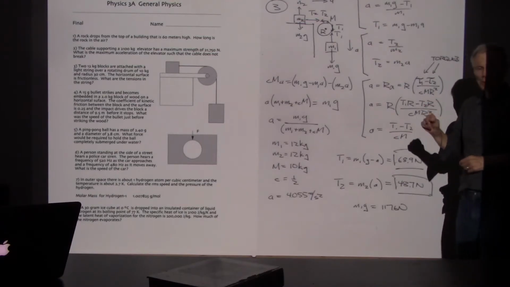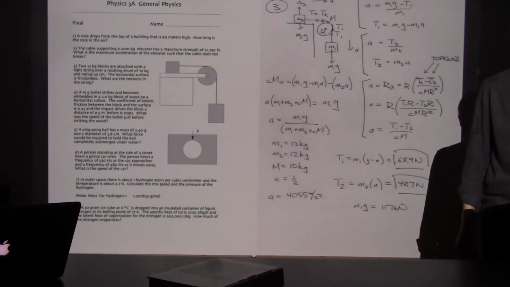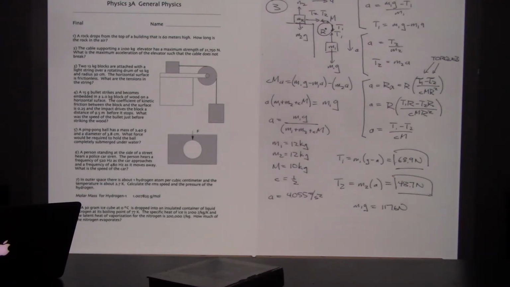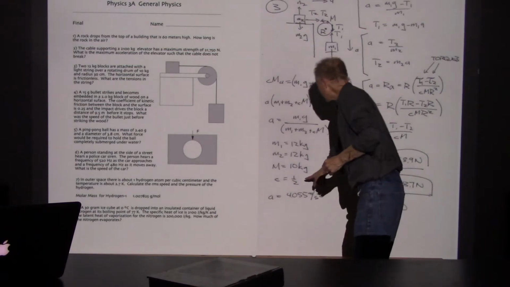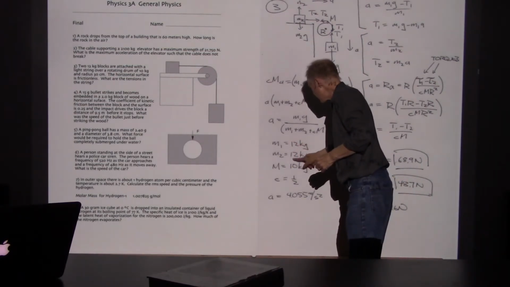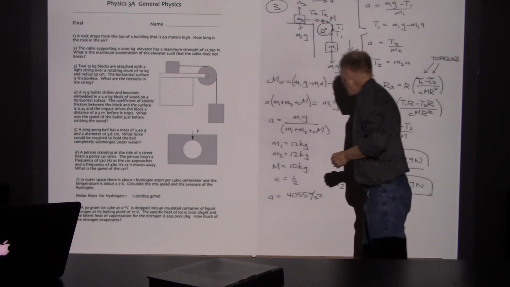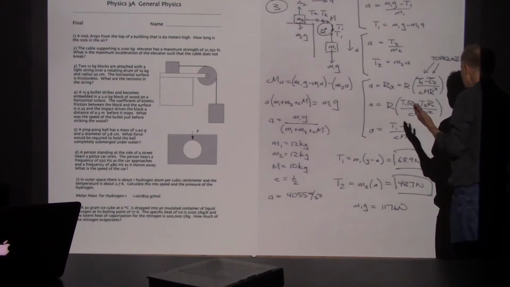The rotational inertia can be written as a shape factor times mr squared, and since it's a cylinder, the shape factor will be 1/2. So here are the masses of the blocks, here's the mass of the pulley, here is the shape factor of the pulley, and let's see where we're headed with this.